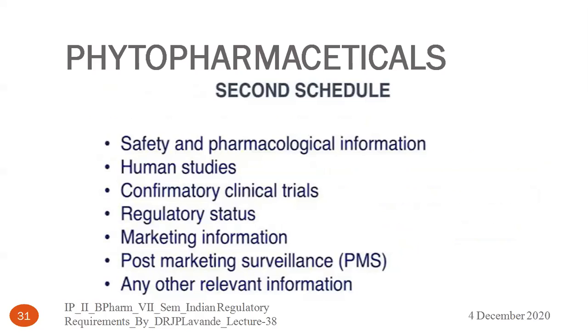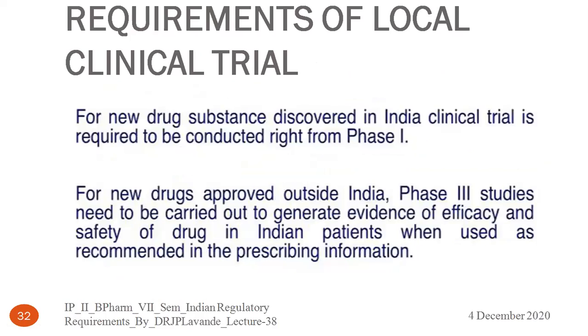In addition, there is a need to provide the safety and pharmacological information, some of the human studies, the confirmatory clinical trials, the regulatory status, the marketing information, and the post-marketing surveillance. In addition to this, any other information, if there is any, needs to be provided along with the phytopharmaceuticals.